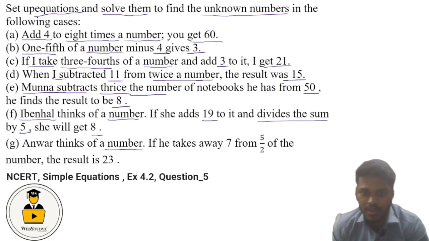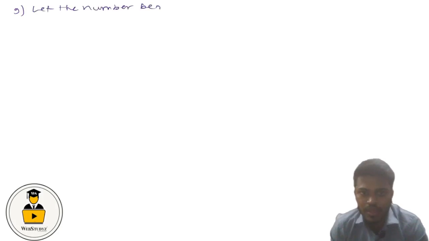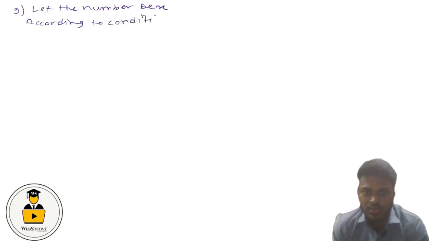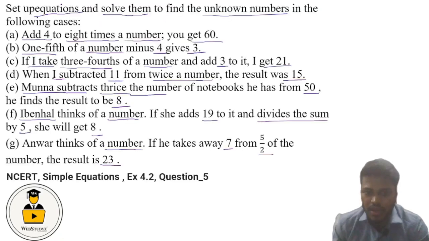Now let us consider the next question. Anwar thinks of a number. He takes away 7 from 5 upon 2 of the number. The result is 23. So let us consider the number be x, and according to the condition we have been given that he takes away 7 from 5 upon 2 of the number.